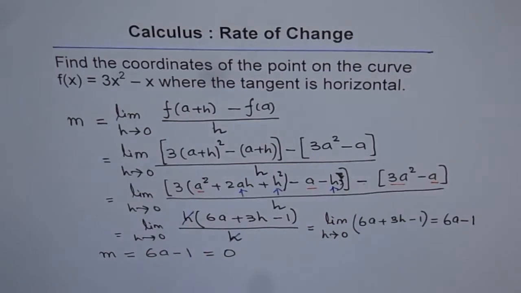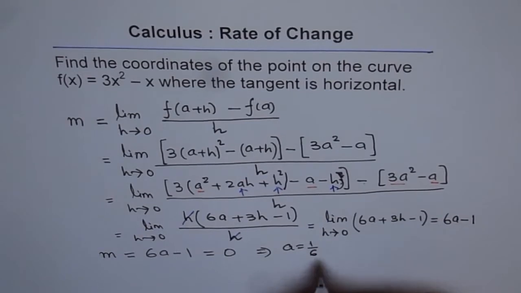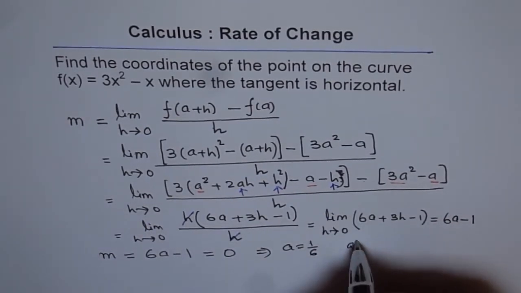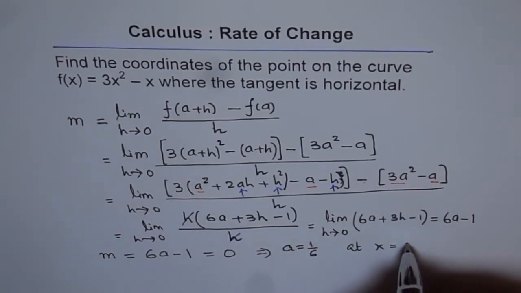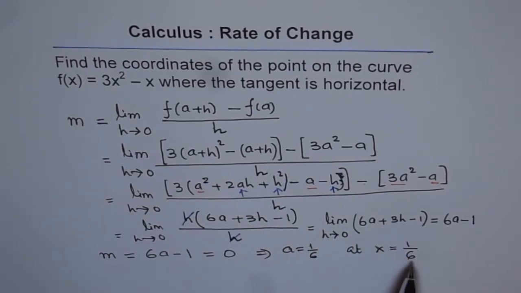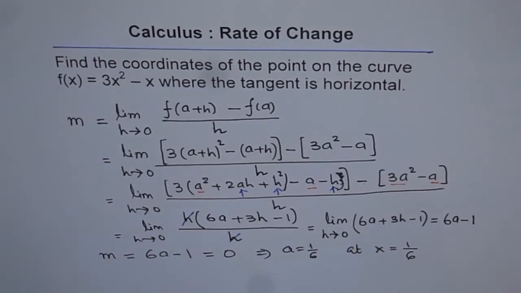So let's calculate this. This means a equals 1 over 6. Correct? So that means at x equals 1 over 6, the slope of the tangent on this function will be 0.